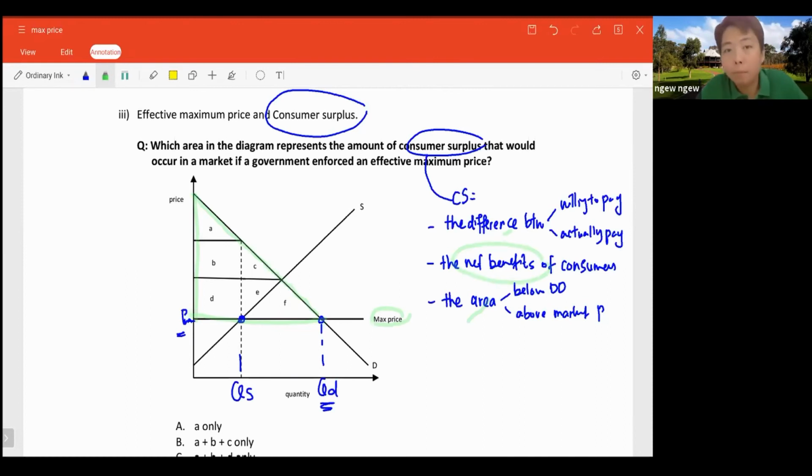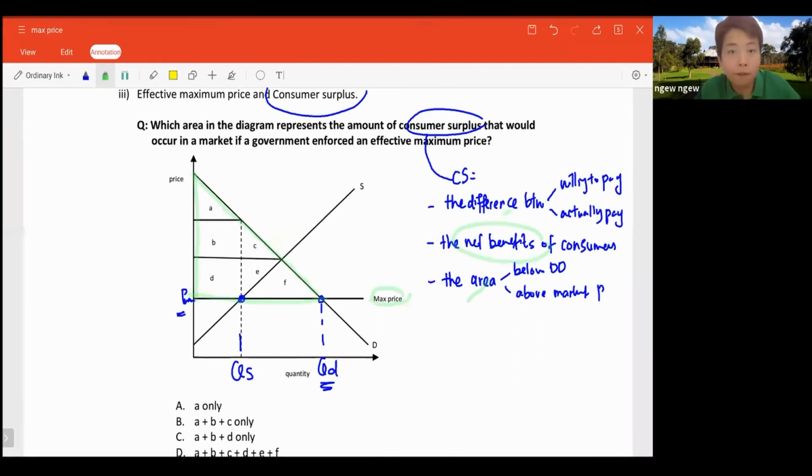Net benefit means that after you assume that is your total benefit gain minus the payment you made, the remaining is your net. Now, when maximum price is fixed, only this amount is consumed, although this much is being demanded. So I repeat, only this amount of demand is being satisfied by supply because supplier is only willing to supply this much.